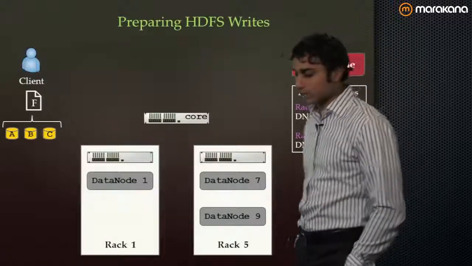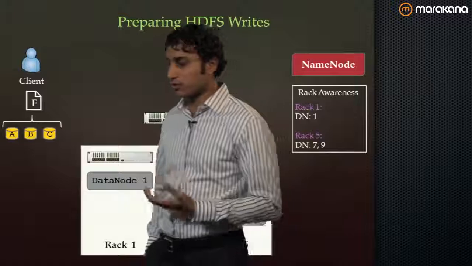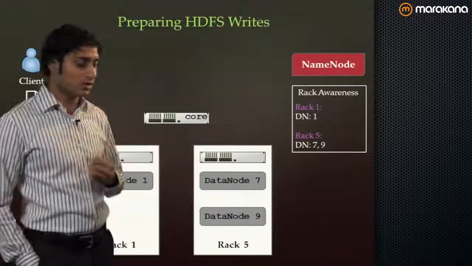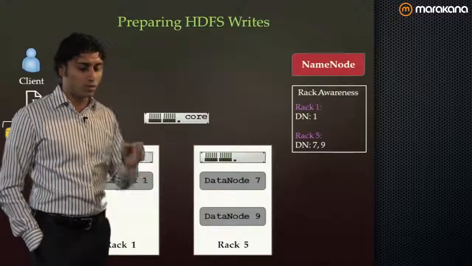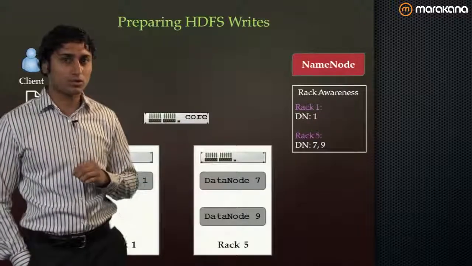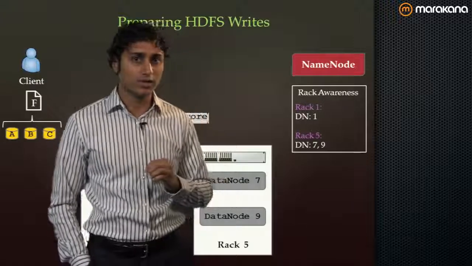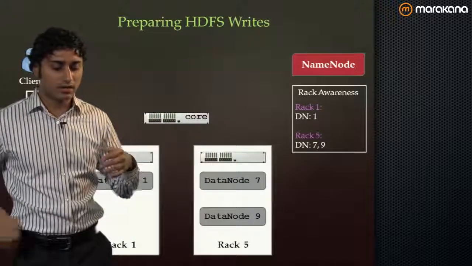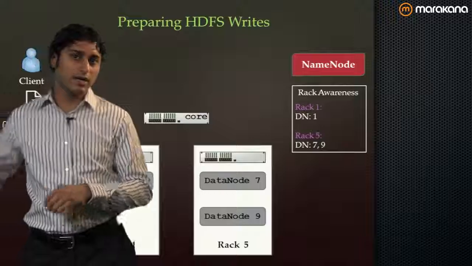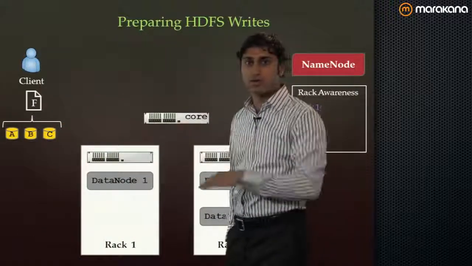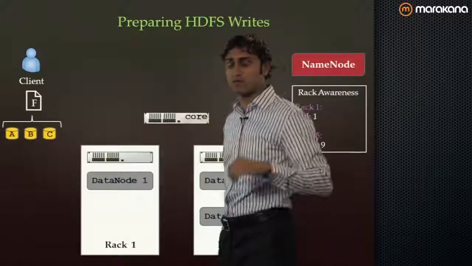All right, so when you actually want to store this file with 3 blocks into the cluster, you will just run one command called a copy from local command, or you'll write 5 or 6 lines of Java MapReduce, which will then instruct the client API for Hadoop on your laptop to go through the following steps to write the file into the cluster.